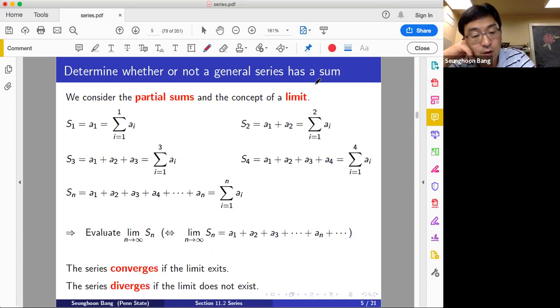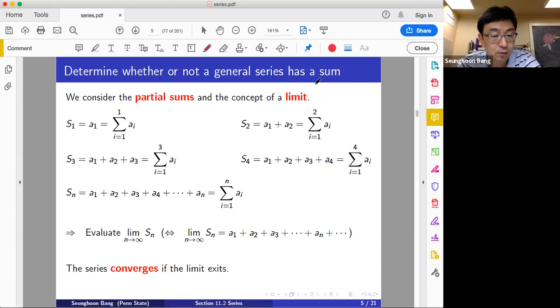We are going back to the previous example. Is the previous example convergent or divergent? What do you think? 1 over 2 plus 1 over 4 plus 1 over 8 plus, keep going on. What is the answer? Convergent or divergent? The answer is converges. Is it right? Yes. Thank you for answering my question.